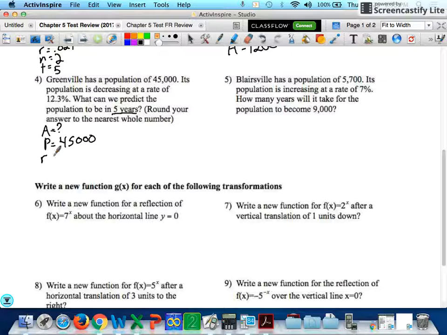Our r is decreasing, negative 0.123, because I take this decimal and I move it 2 places. Okay, that's kind of an odd one, but it's still just move it 2 places. Our n, they didn't tell it to us, but we always have n even if they don't tell us. n is 1. And again, our t, I ran out of room, but our t is 5 years.